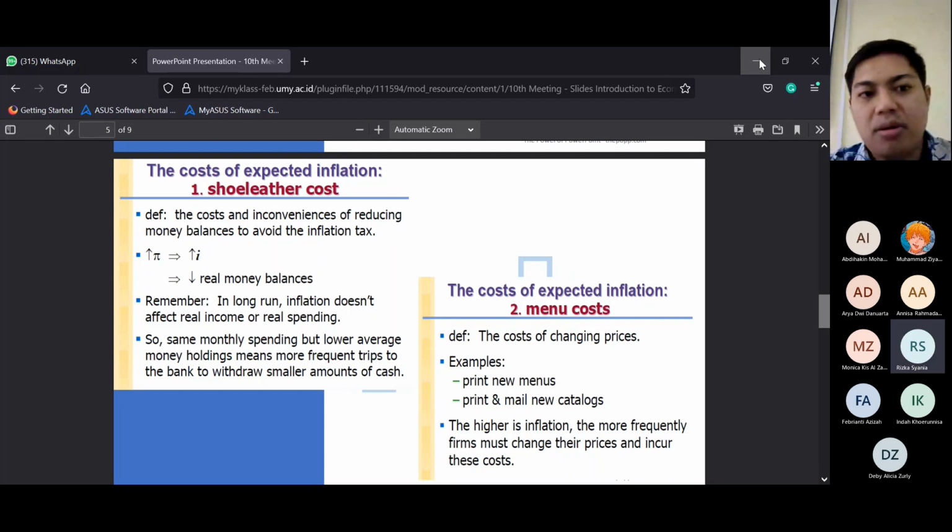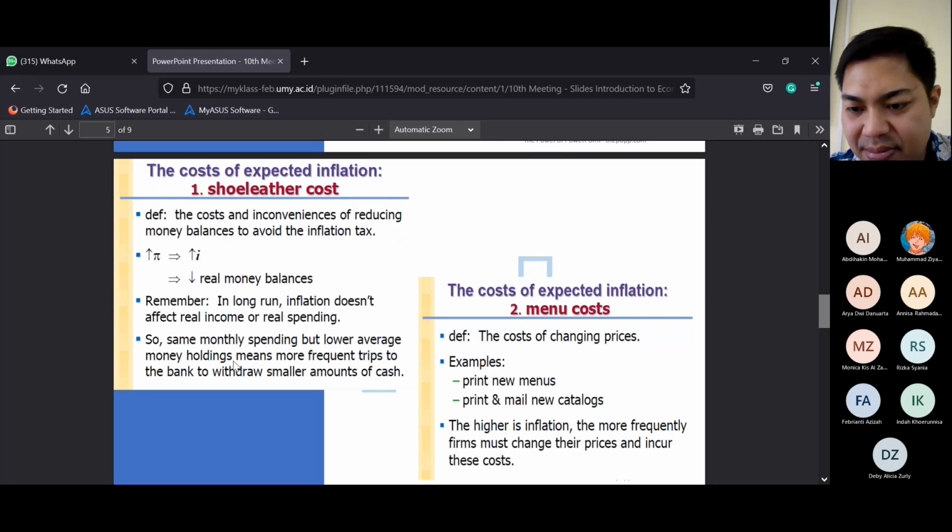Okay, from this screen you can see the difference between shoe leather cost and menu cost. The shoe leather cost means that inflation does not affect real income or real spending, but it will impact lower average money holding.